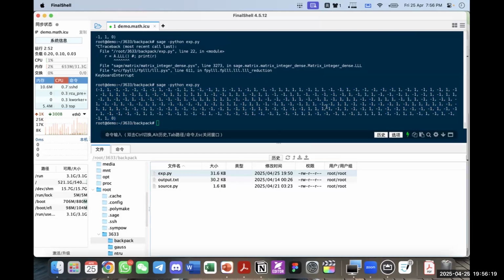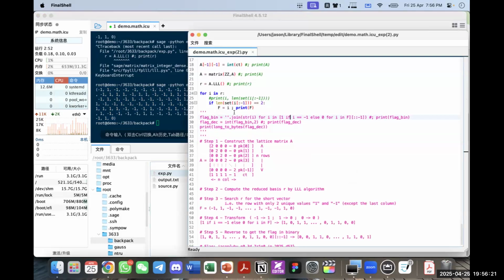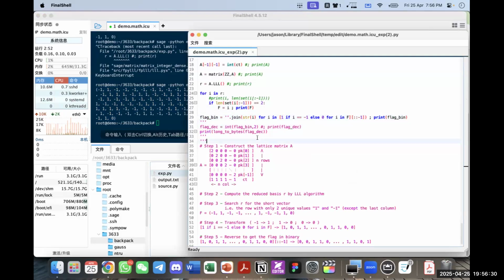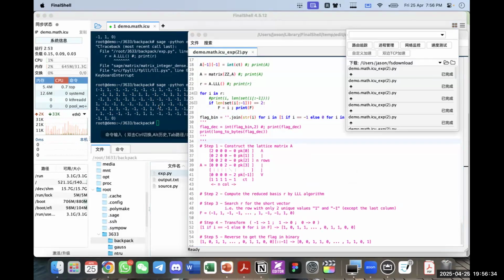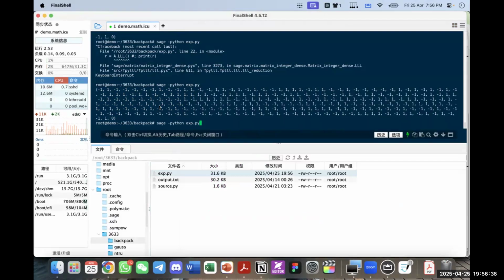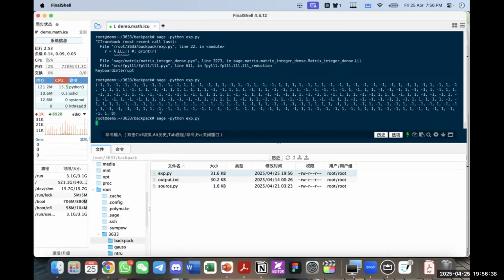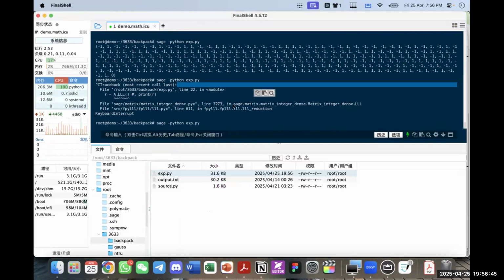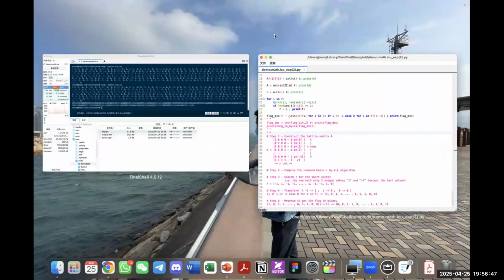Did I save the program? Let me save it. Okay, so it gives us the binary.